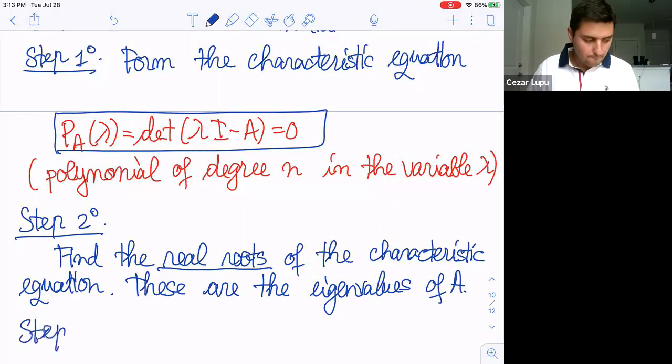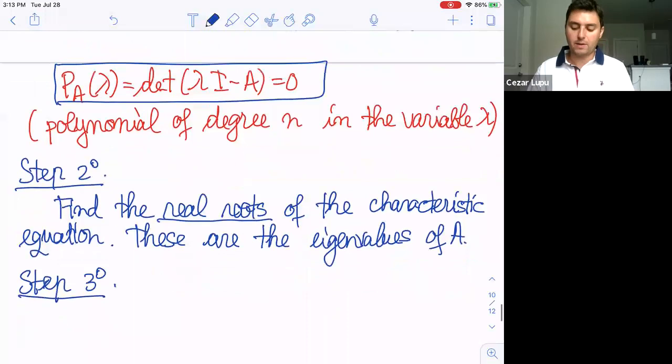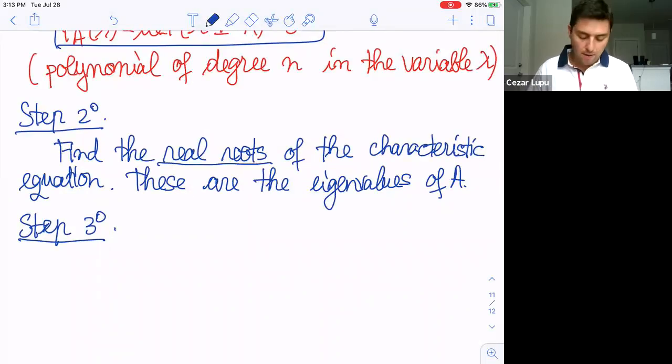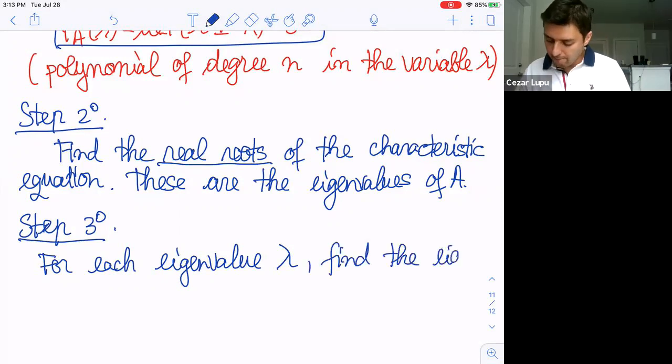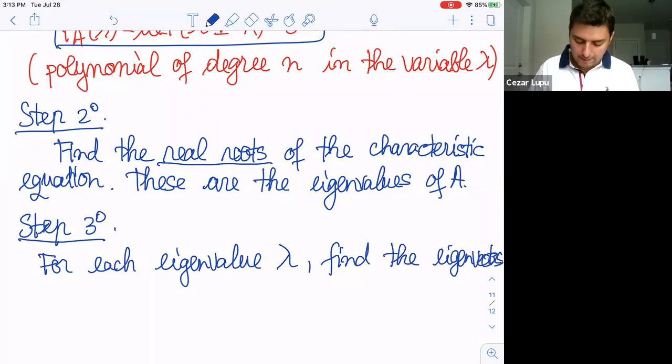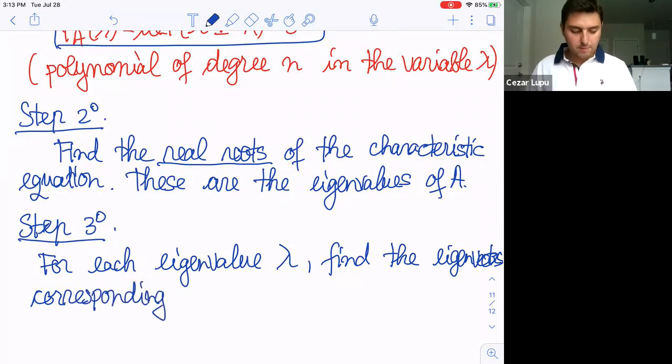Step 3, which will be the final step: once you find the eigenvalues, for each eigenvalue, let's say lambda i, find the eigenvectors corresponding to lambda i.